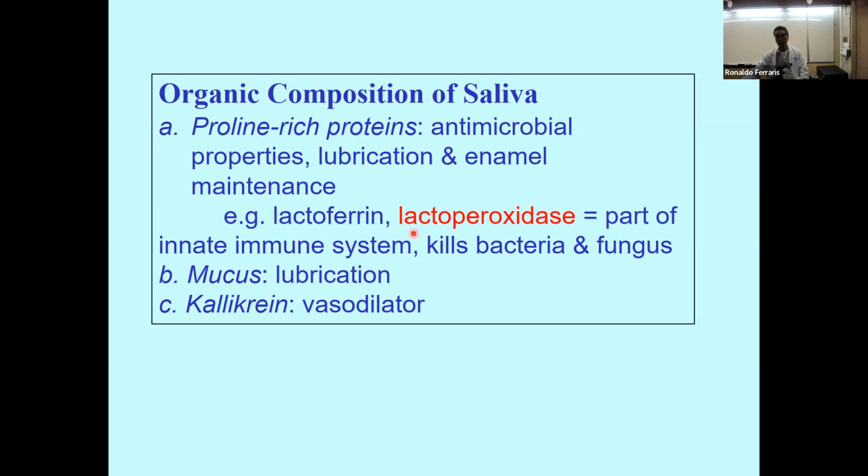As I alluded to, there are going to be some secretions of saliva that are bactericidal in nature and would kill bacteria and fungi. Saliva has mucus. It secretes kallikrein, which is a vasodilator.